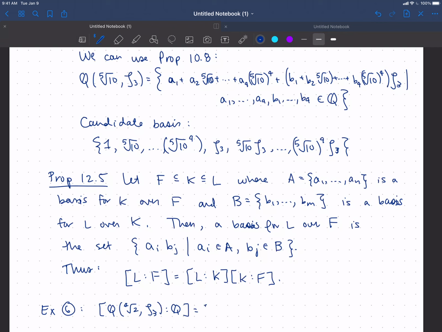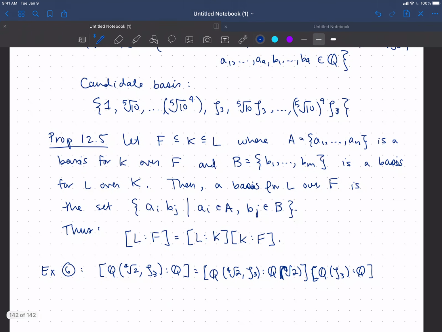I can do this as the dimension of Q adjoin fourth root of 2, zeta 3 over Q adjoin fourth root of 2, and then multiply that by the dimension of Q adjoin the fourth root of 2 over Q. And that's how I will get the dimension.